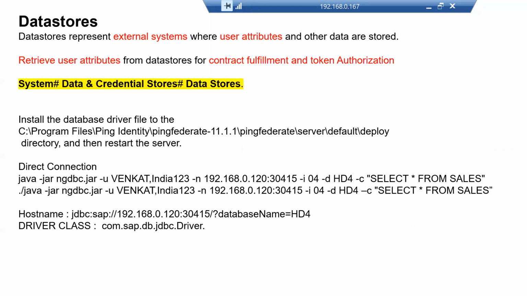These data stores represent your external systems where user attributes and other data are stored. These user attributes are normally used for contract fulfillment and token authorization.